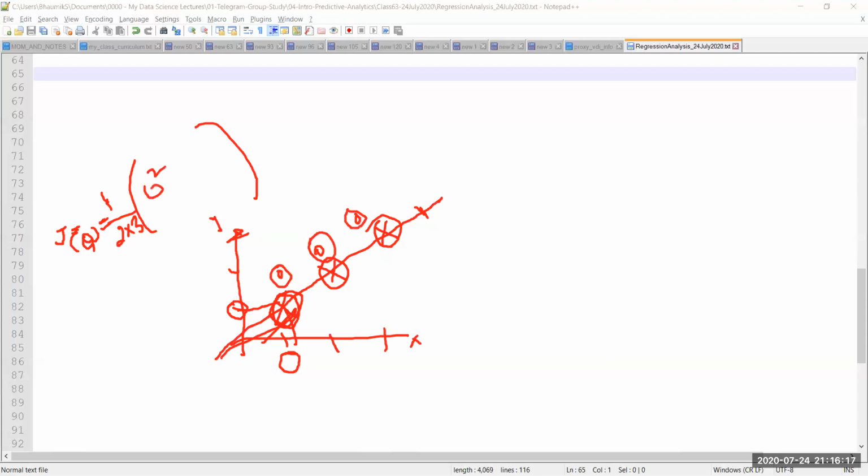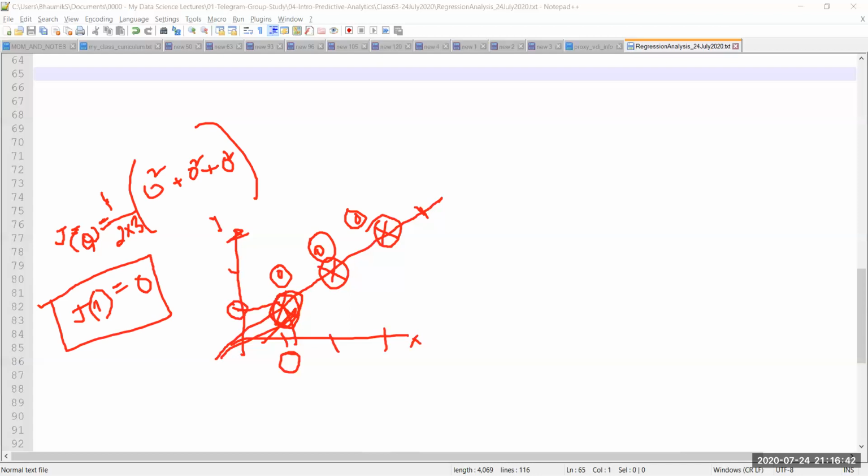So 0 squared, obviously, plus 0 squared plus 0 squared. In this case, this is equal to 0. I have actually minimized the value with theta 1 being 1, where the cost function output is equal to 0. I hope you got the point.